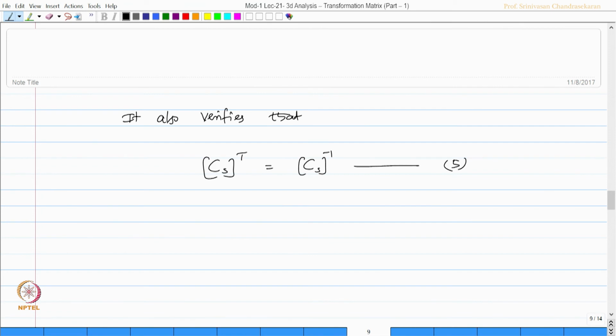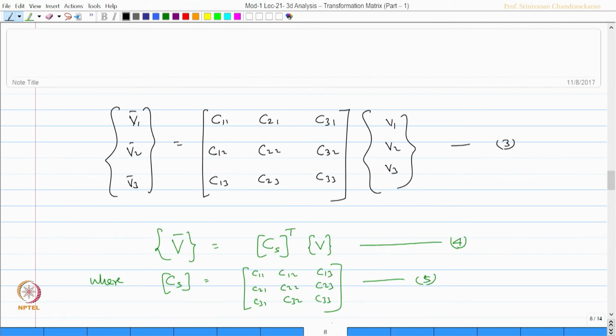So, now we have a very comprehensive equation which is equation 4. V bar, the component of the vector V 0 along reference axis system x 1 x 2 x 3, is simply given by the transformation matrix or the direction cosine matrix, C S, if I know the components of this vector along any predefined coordinate axis system y 1, y 2, y 3. Please understand here one important statement.